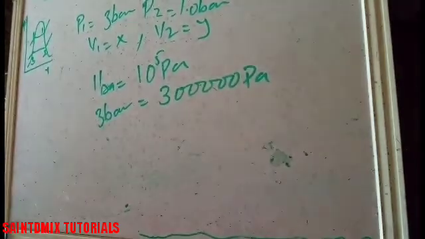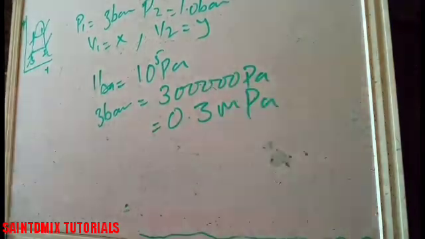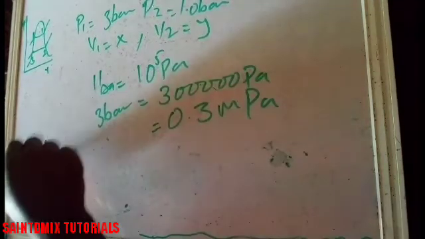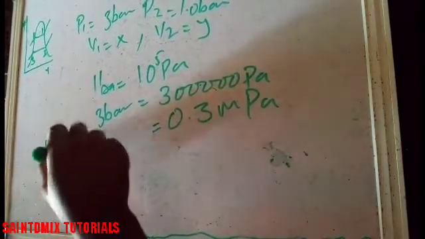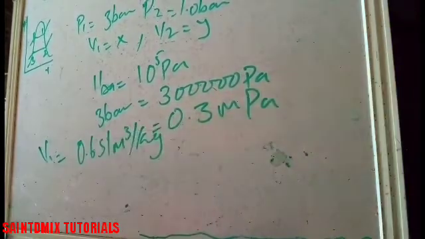Now to get it in megapascal, we multiply by 10 raised to the power minus 6, and that gives us 0.3 megapascal. So now you go down the 0.3 megapascal column of the superheated table. You check for the temperature of 160 degrees. You find our V there, which is our V1, to be 0.651 meter cube per kilogram.